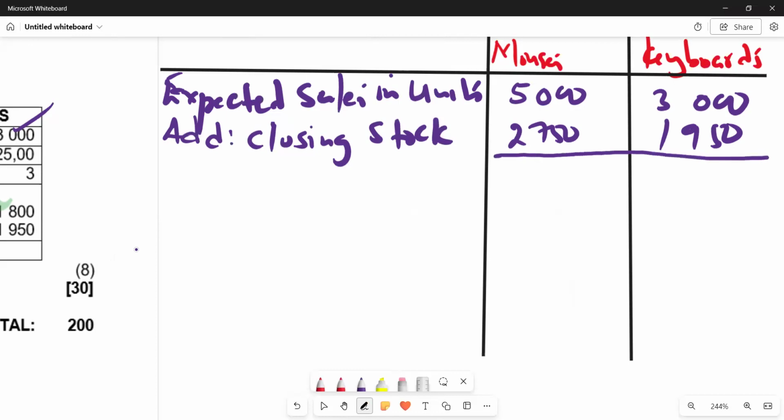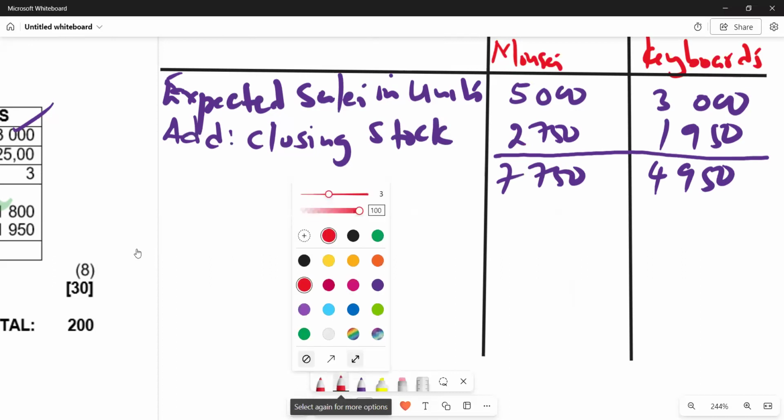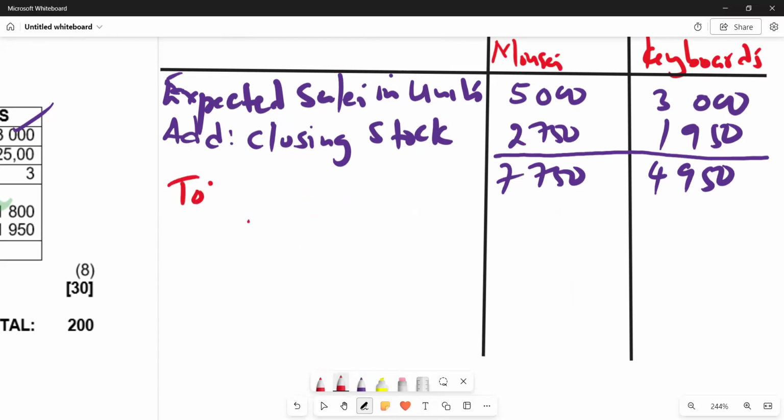For mouses, 5,000 plus 2,750 gives you 7,750. For keyboards, 3,000 plus 1,950 gives you 4,950. This becomes your total needs, so we put the description in line with our figures.